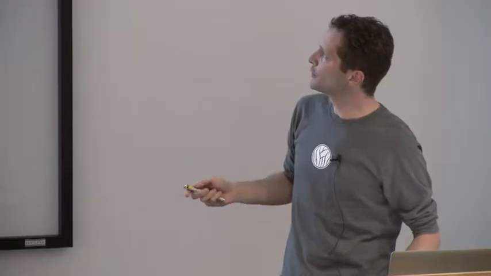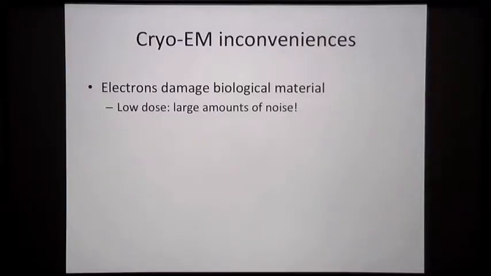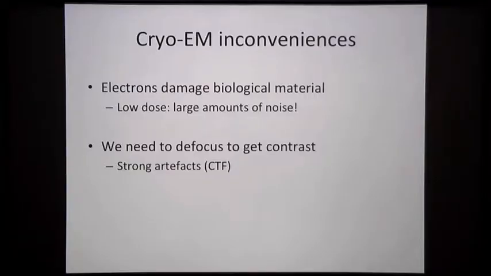As should have become clear by now, there are some inconveniences in cryo-EM imaging, and the most important one is that we have this damage from the electrons, so we can only image with very few electrons, so that we have very large amounts of noise. Then, as has been explained before, we need to defocus to get contrast, and this gives very strong artifacts.